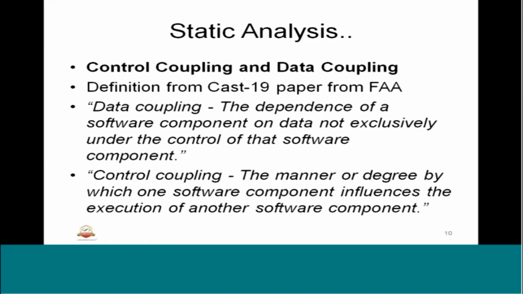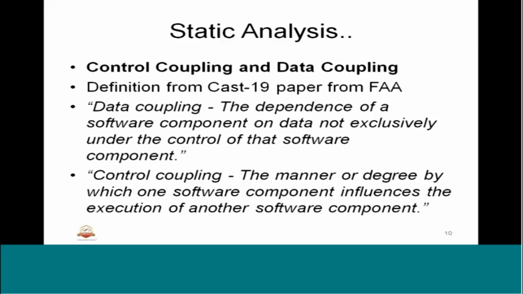One of the main aspects is control coupling and data coupling. Data coupling is the dependence of the software component on data not exclusively under the control of that software component. It means the dependency of the component on particular data is not controlled by the same component, but is used or shared between different components.